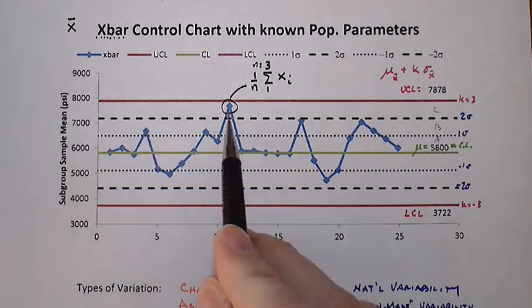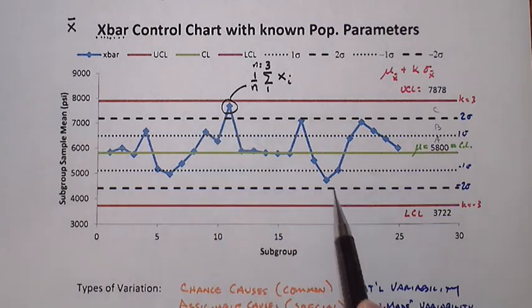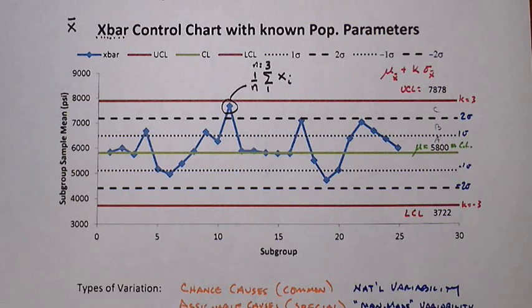We have 1, but out of those 3 consecutive, that's the only one there. And we don't get close in this particular case to any more. So we don't have to worry about that rule. And then the third rule is, well, what if we have 4 out of 5 consecutive points plot at a distance of 1 sigma or beyond from the center line?